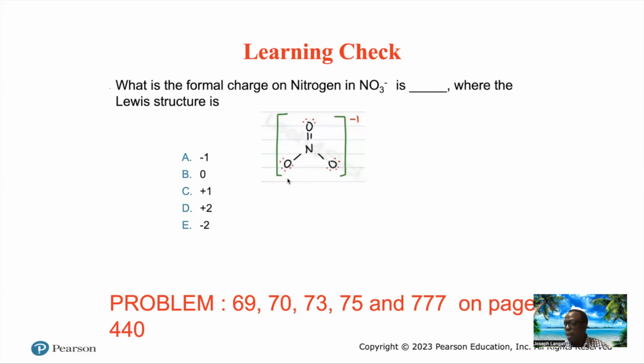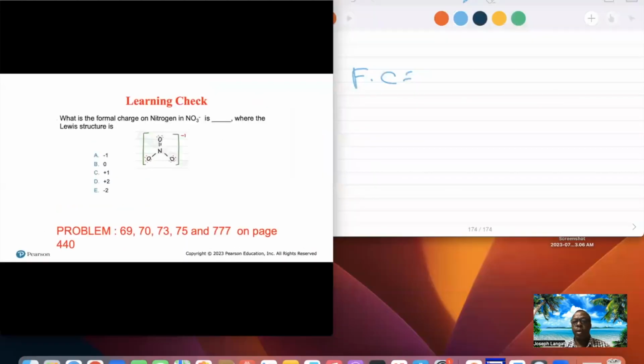So formal charge is given by, let me just minimize this, you see on my whiteboard, the valence electrons minus the non-bonding electrons minus half the bonding electrons. If I plug in this equation for nitrogen, this will be 5. Nitrogen is in group 5, minus 0 because I don't see any dots on nitrogen.